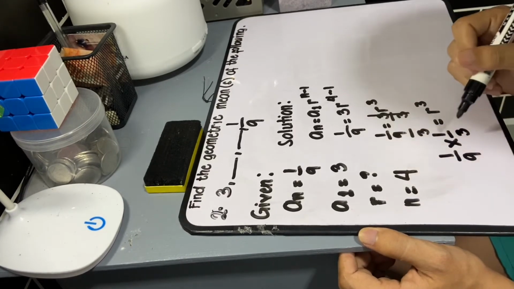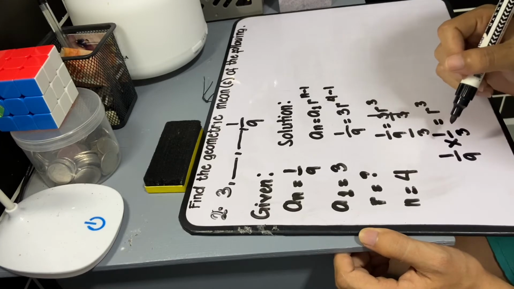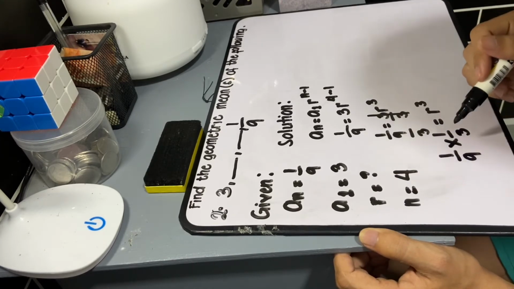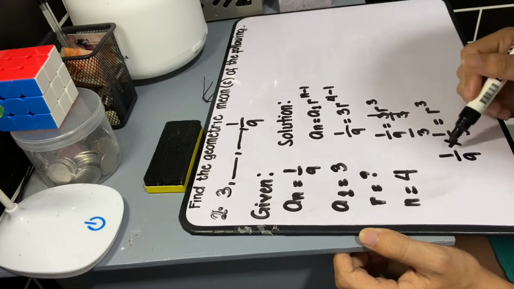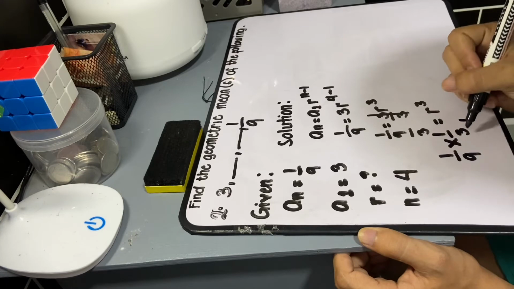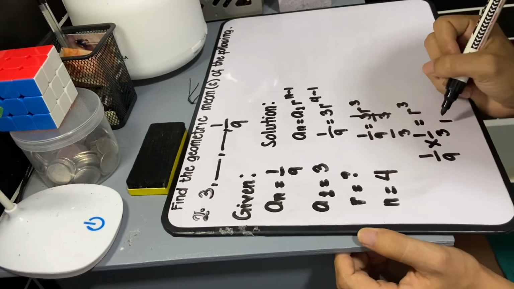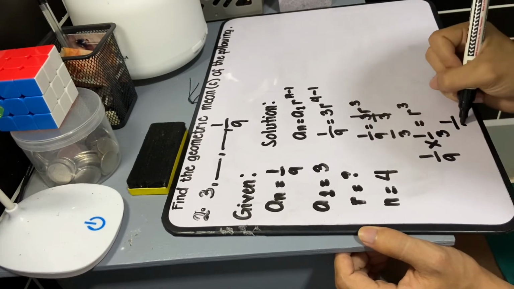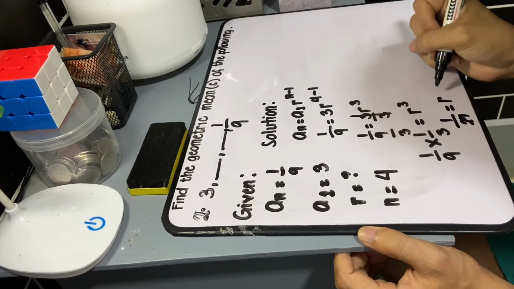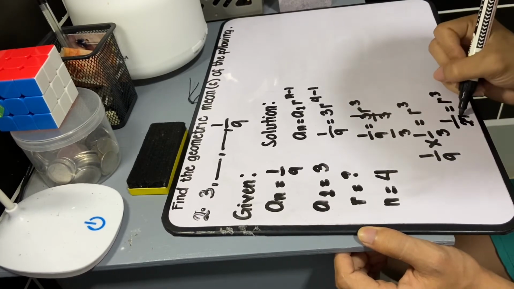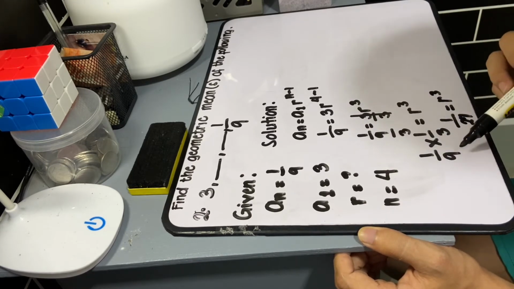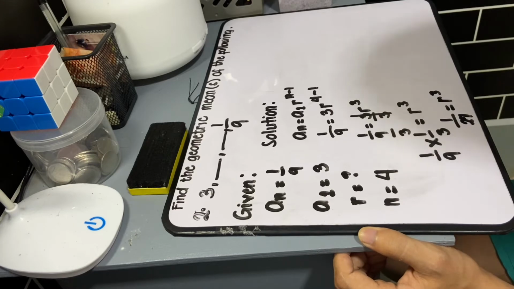In this case, as you can see, this is an example of fractions, and we are going to multiply numerator to numerator and denominator to denominator. So 1 times 1, that is equal to 1. And 9 times 3, that is equal to 27. So we have 1 over 27 equal r cubed.